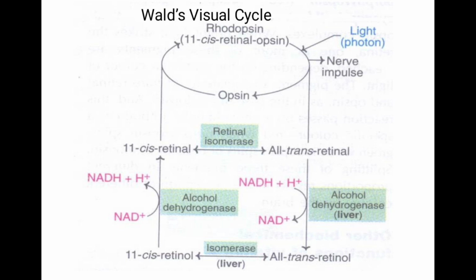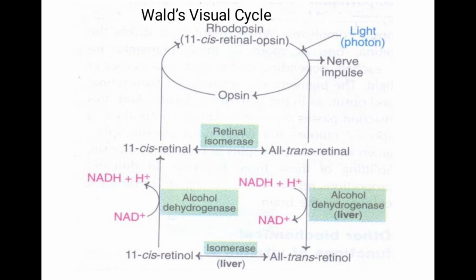Rhodopsin is converted to all-trans retinol and opsin. This process leads to conformational changes in opsin, which triggers a nerve impulse. This nerve impulse is transmitted by the optic nerve to the visual center of the brain.